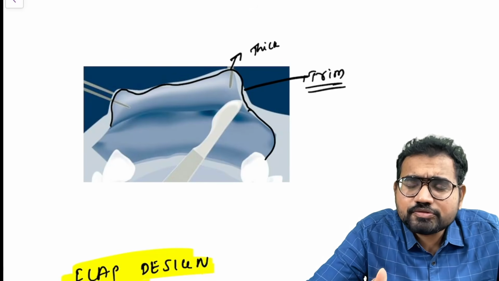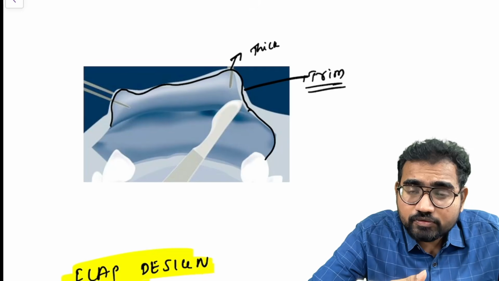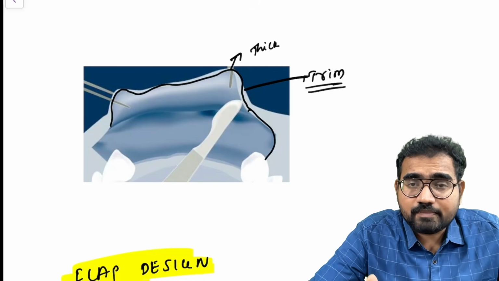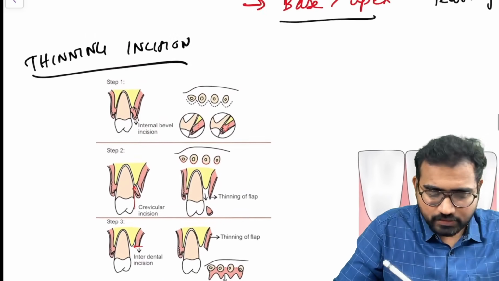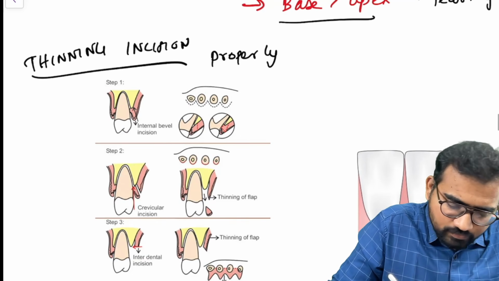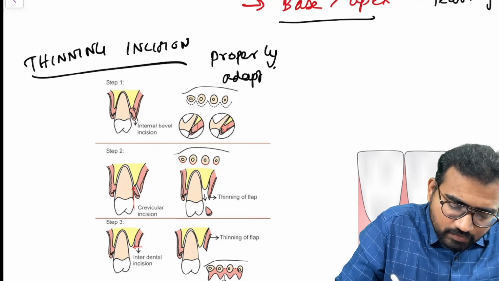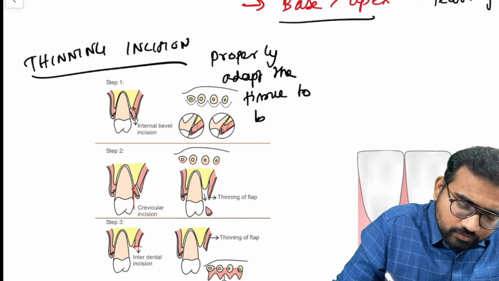Why do we need to do that? If I make the flap thin by cutting out the excess tissues, I'm going to properly adapt the tissues to the bone.